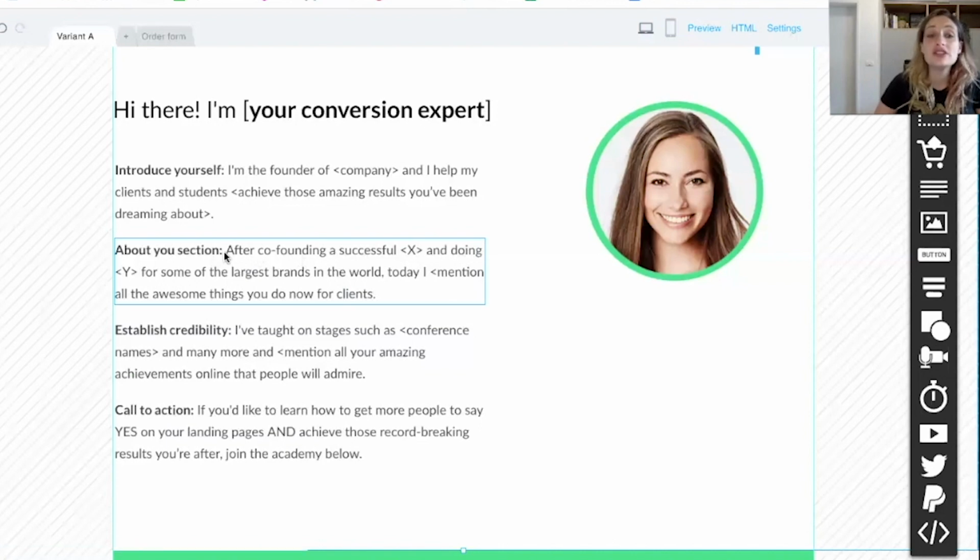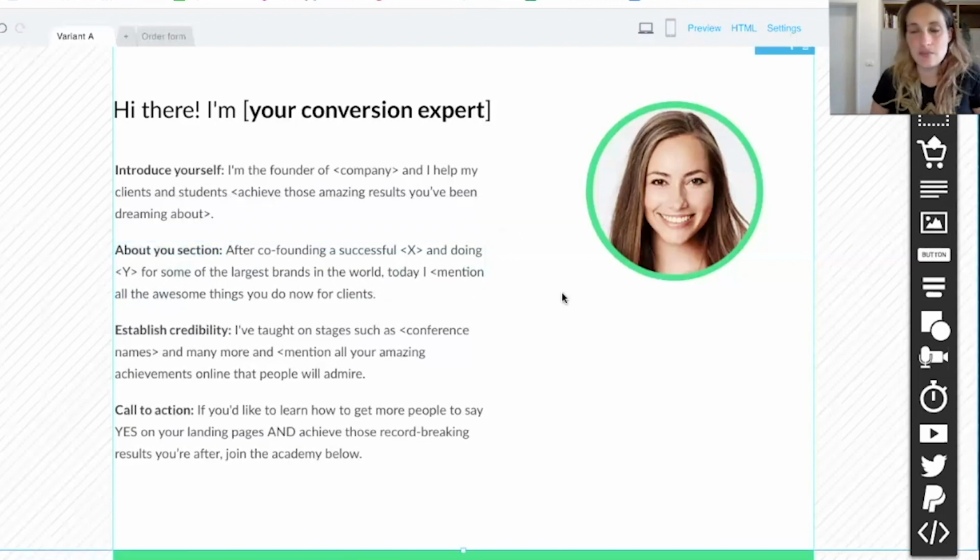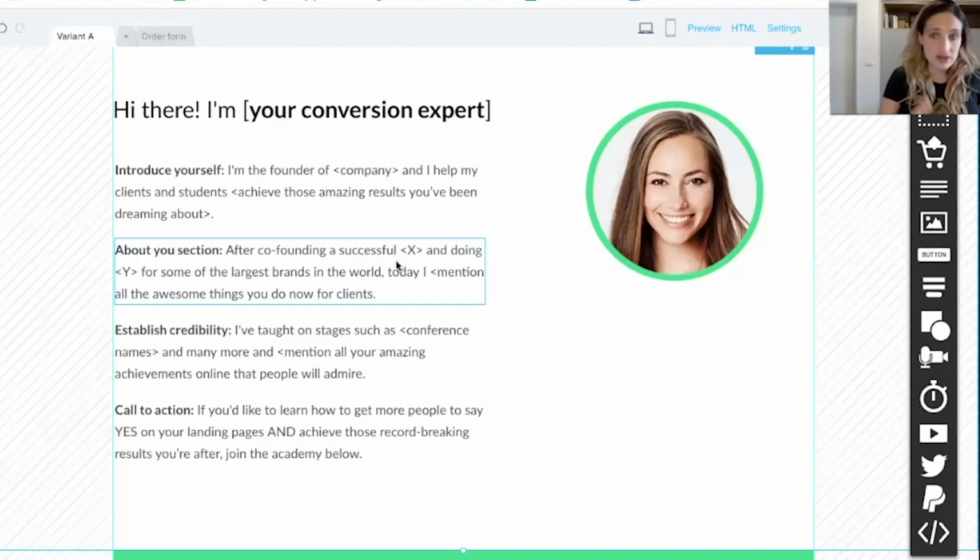Then you dive more into the About You section. Now, obviously, in this section, you're supposed to delete the About You, where I've written to you what to write in. But it says, after co-founding, now this is essentially my bio, but after co-founding a successful conversion optimization company and doing this and this and this for some of the largest brands in the world, so increasing their conversions and creating courses for people, today I do X, Y, and Z. So today I mentor the biggest companies in the world.